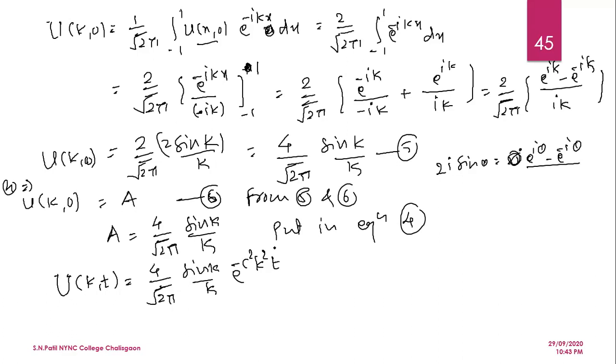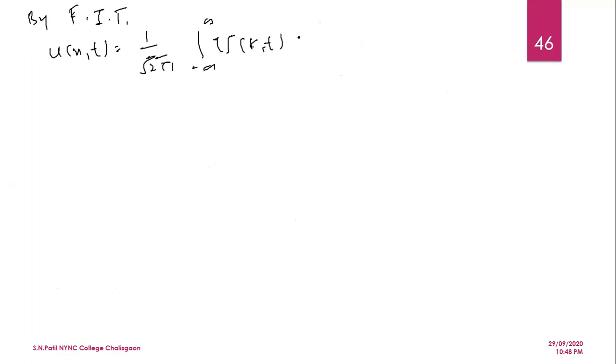Now we get the capital U, but we want the small u. For that, take the inverse Fourier transform. By definition of Fourier inverse transform, small u is equal to 1 upon under root 2 pi, integral from minus infinity to plus infinity of capital U as a function of k and t e raised to plus ikx dk.